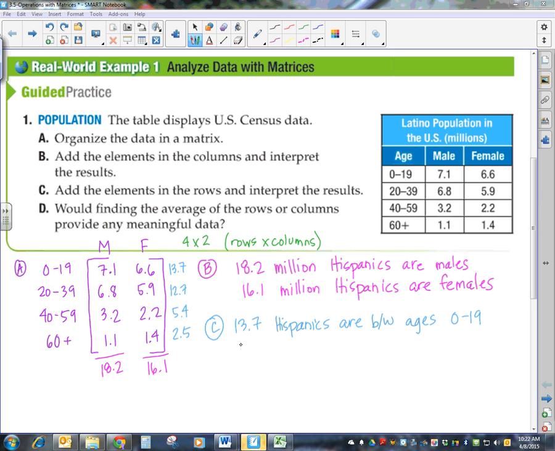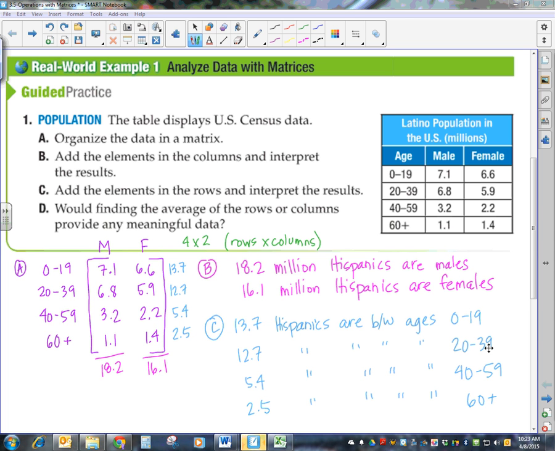Then we have 12.7 million Hispanics between the ages of 20 and 39. We have 5.4 million Hispanics between the ages of 40 to 59. And then, of course, 2.5 million Hispanics are 60 and older.